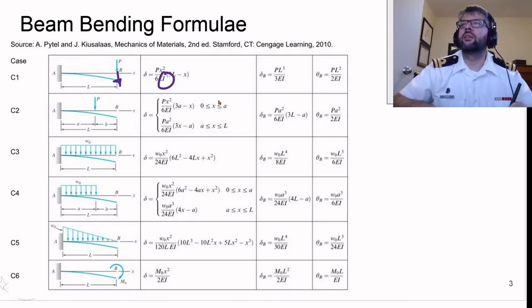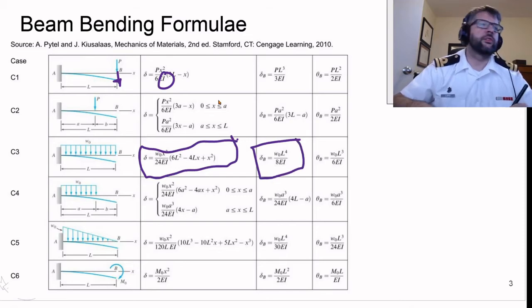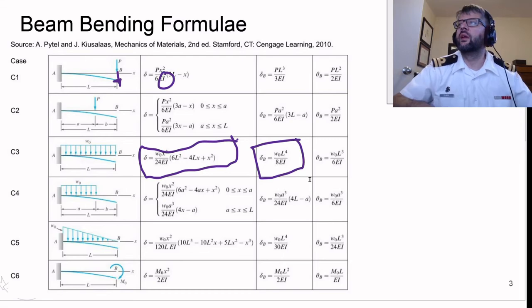So typically, we're given the displacement as a function of x, and they also tell you the displacements in the extreme cases, so the end of the beam in this instance as well. We've got the angles at the end.